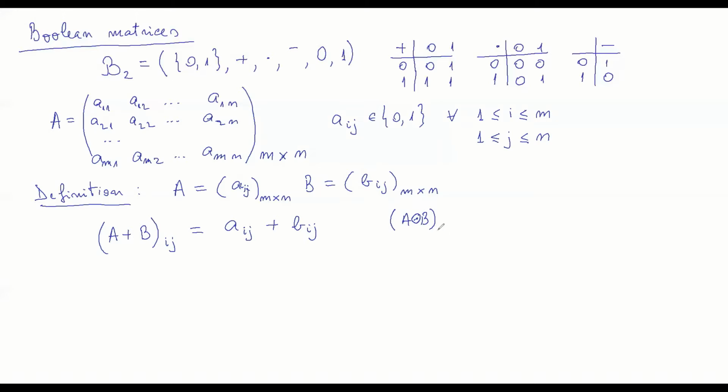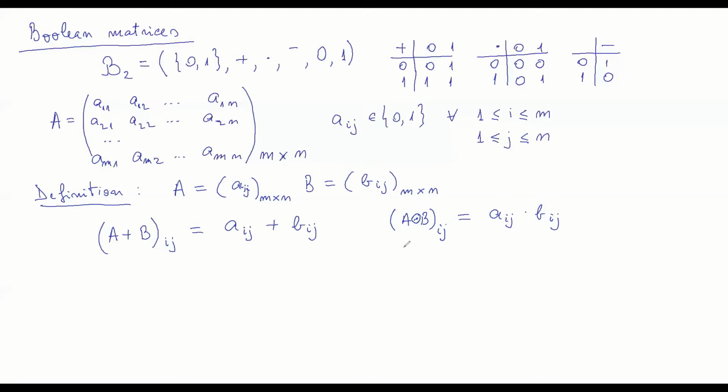So this is going to be the dot product, but I come back to the name of this operation in just a moment. This is going to be defined simply as the ij entry being the product of the ij entries of A and B. And remember, plus and dot, these are the operations that we define on Boolean algebra B2.